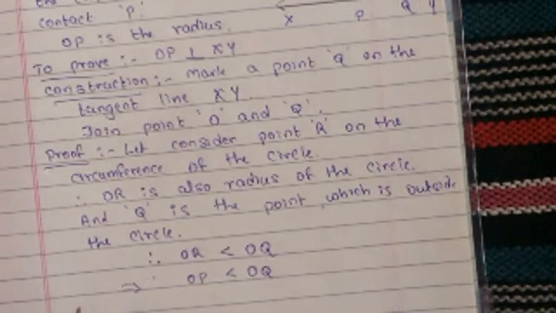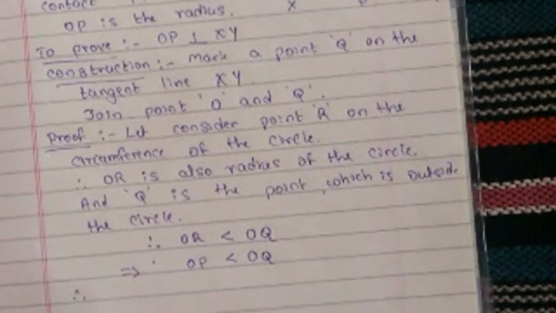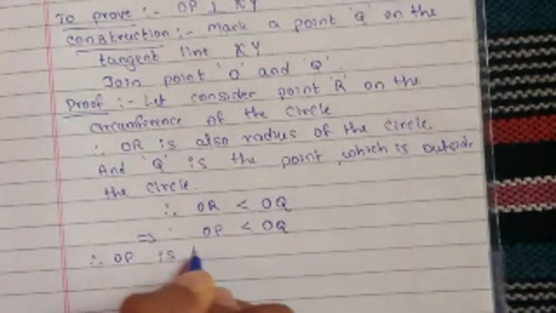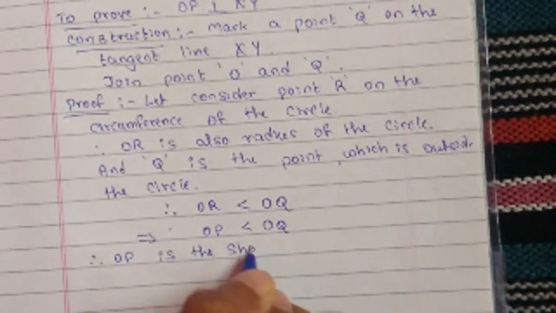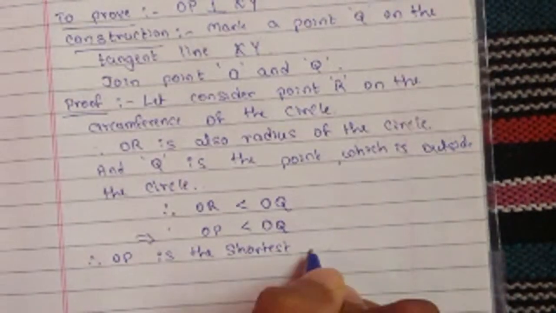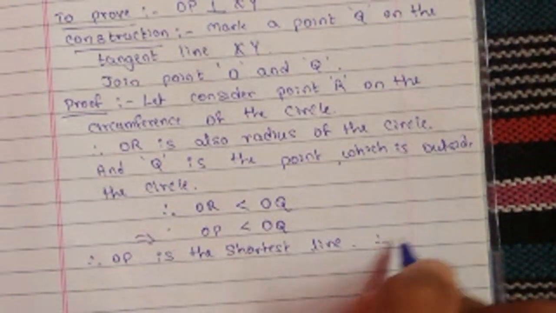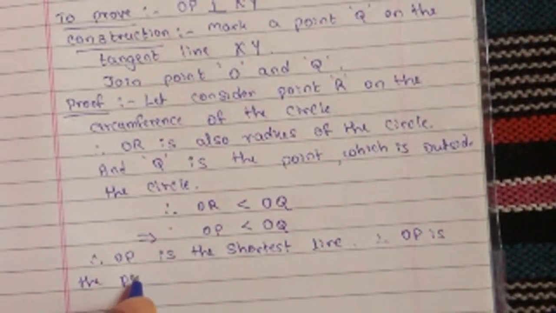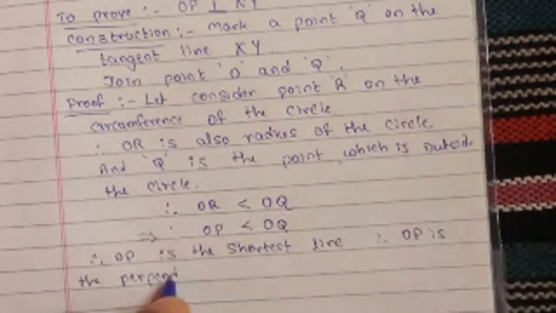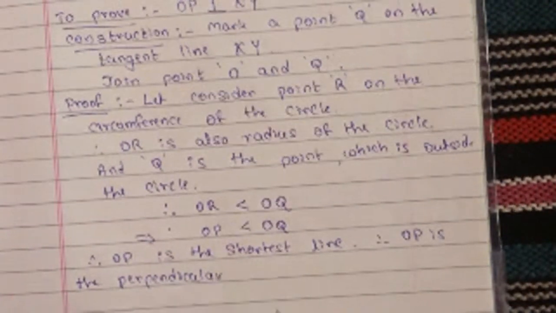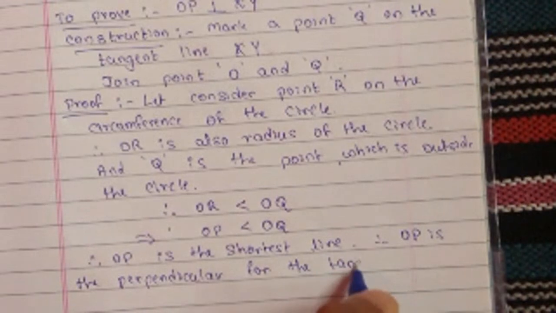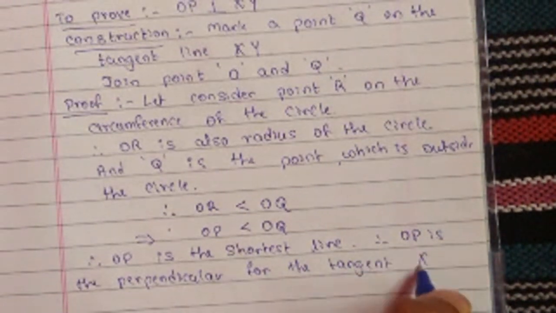So therefore OP is the shortest distance, shortest line. Therefore OP is the perpendicular for the tangent XY.